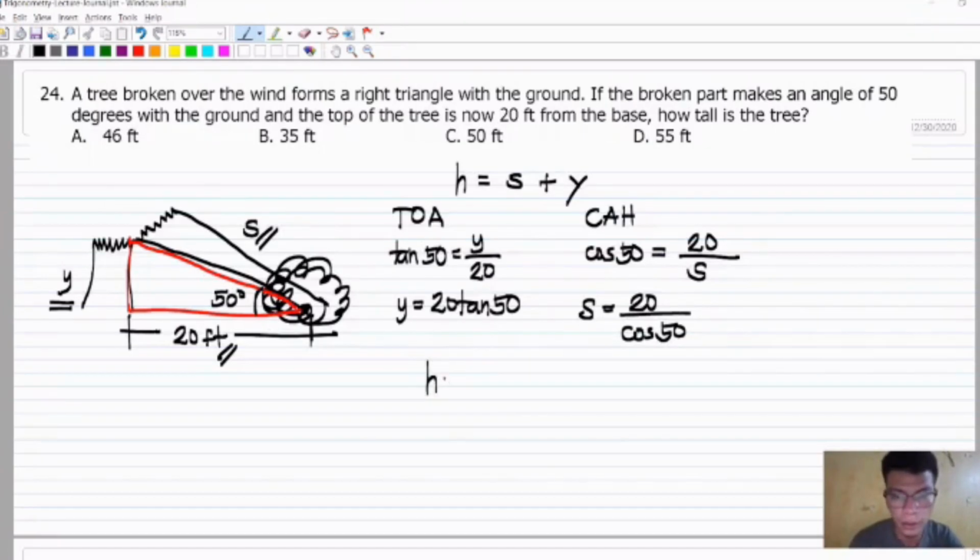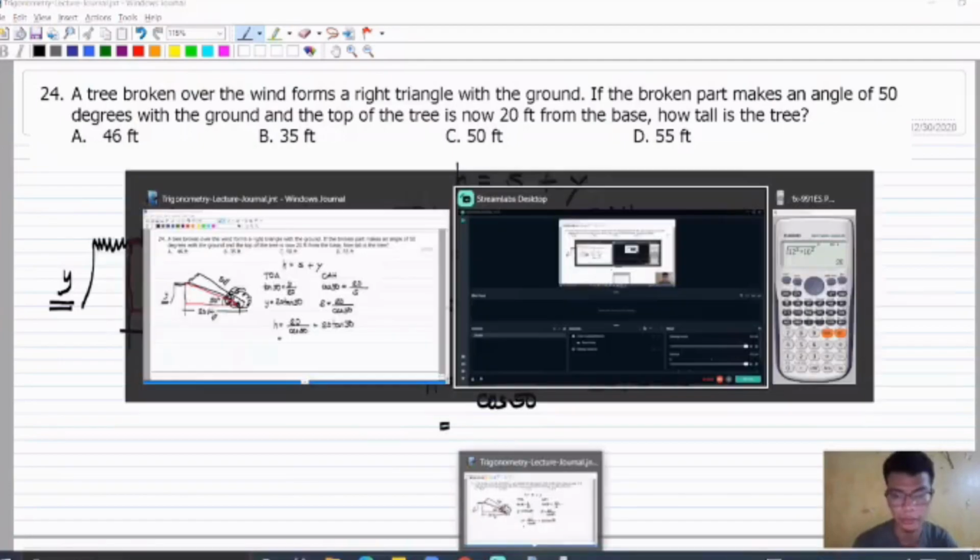Solving for the value of the final answer, h, yung s natin is 20 over cosine 50 plus yung value ng ating y is 20 tangent 50. So the answer will be in feet.